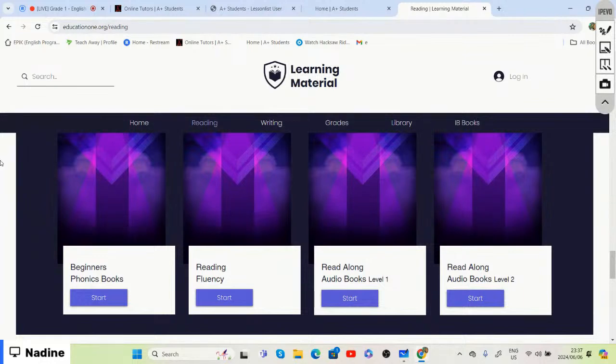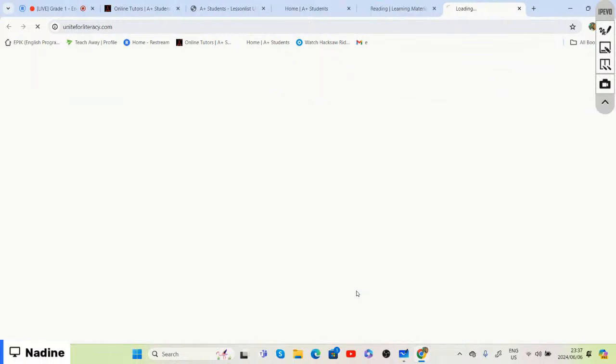Once you are here by these four beautiful purple boxes, we're going to the third one, which is read aloud, read along audiobooks. All right, so we are going into it.